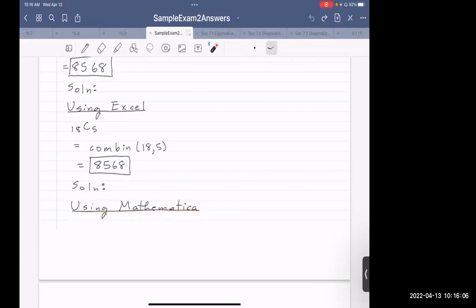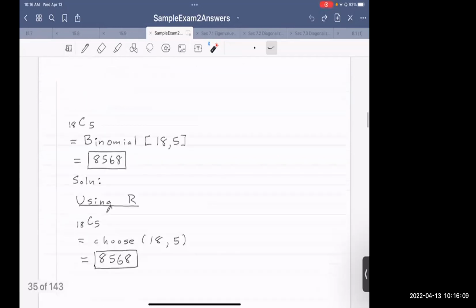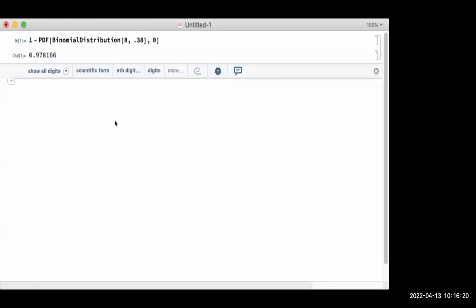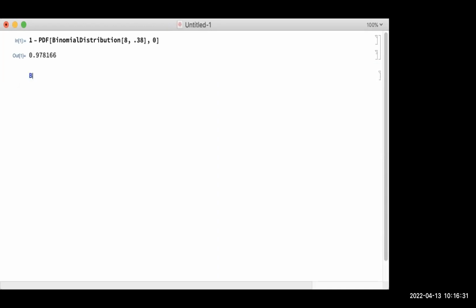I could also use Mathematica to do this. And so let me do 18C5. In this case, I'm going to be using the binomial coefficient in Mathematica. So I'm going to be doing binomial 18, comma 5. Okay, so let me do that. Type in that command. And so I have here the binomial 18, comma 5.